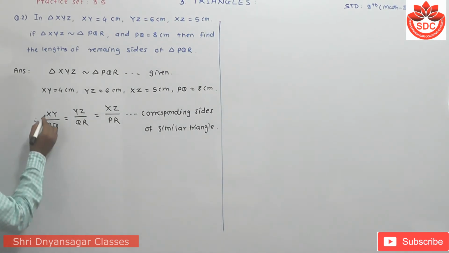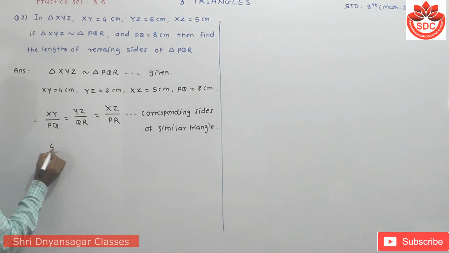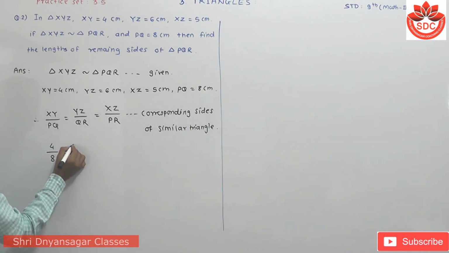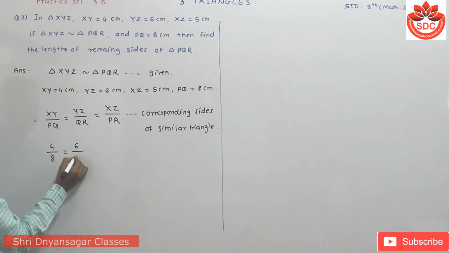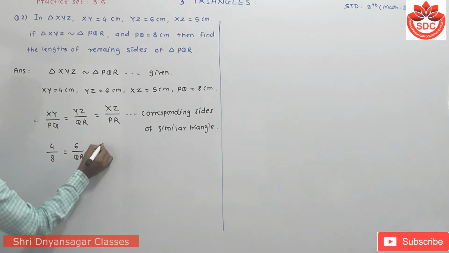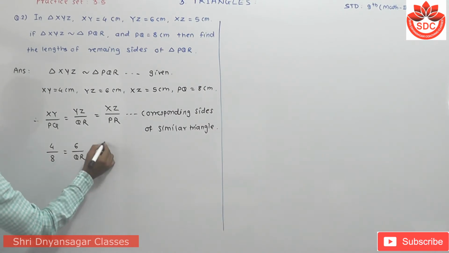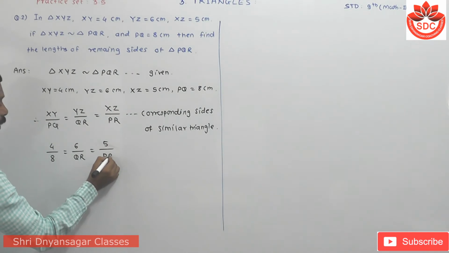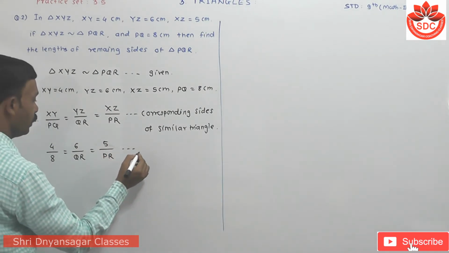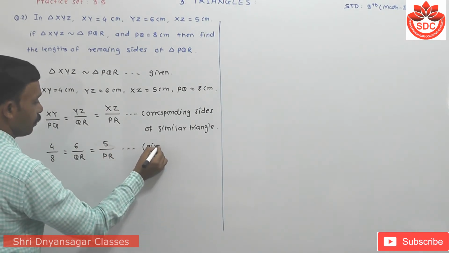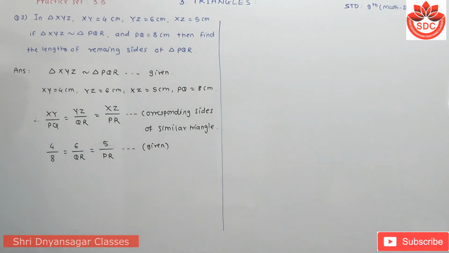Now students, substitute the values. XY is 4 upon PQ is 8, equals YZ is 6 upon QR, which we have to find, equals XZ is 5 upon PR, which we also have to find. Therefore, first I take 4 upon 8 equals 6 upon QR.